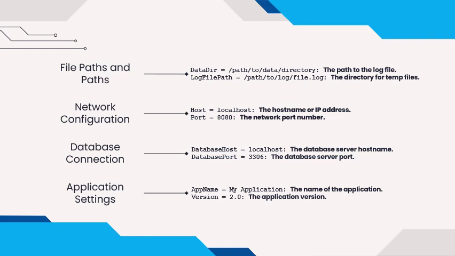In .ini files, we can often find file paths that specify the location of the log files, or for instance some directories with temporary files. Other directives could include database connection strings, some network configuration values, and also general information about our applications such as the application name or the version of our application.